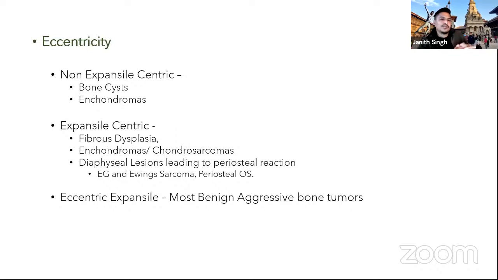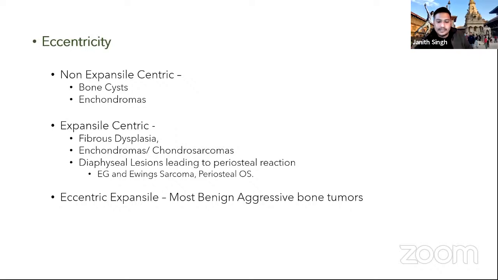Bone cysts or enchondromas in the early stages don't cause any symptoms. They are usually incidental findings. If they are long-lasting, in a pre-fracture state, or if they are expansile, then only do they cause expansile bone. Most of the benign aggressive bone tumors are eccentric and expansile.